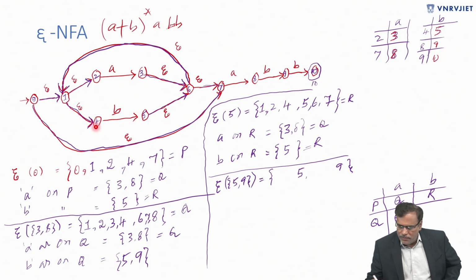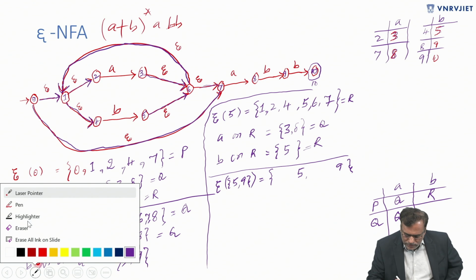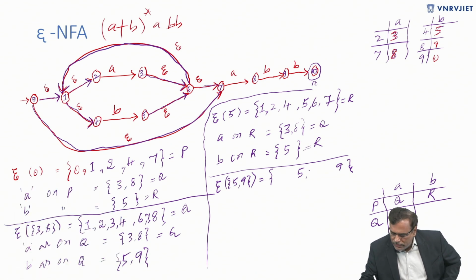Therefore, you must add them. So 5, 6, 7, and then 1, 2, 4. And from 9, do you have transitions only on epsilon?